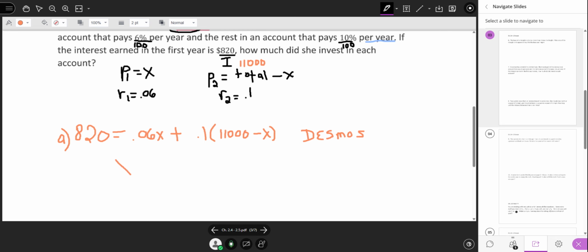Yikes. So X, which is P1, principal 1, is 7,000. Ooh. 7,000. So P2 is 11,000 minus what I found.